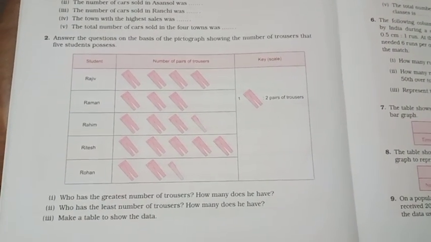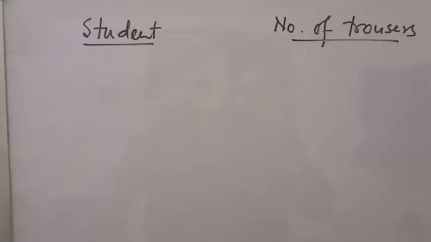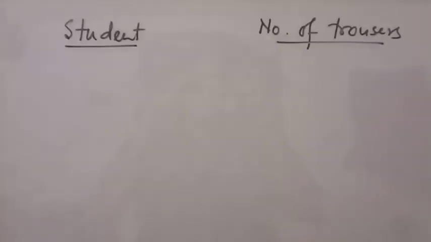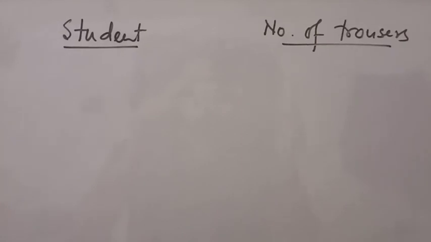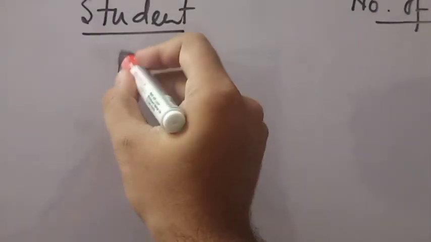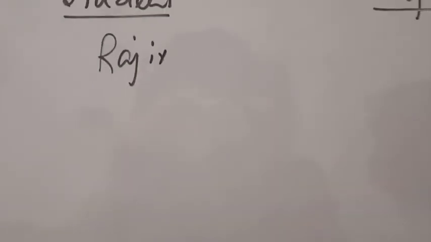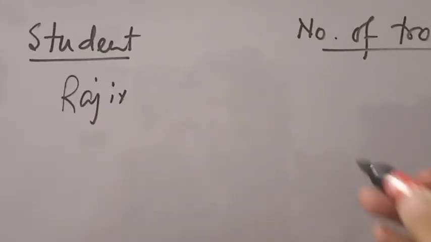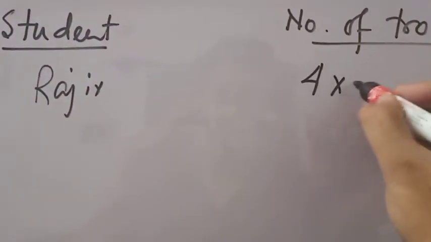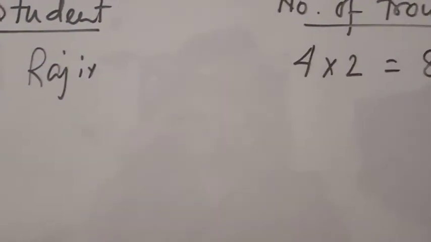trousers he has. Okay. Now make a table to show the data. Now say, student and number of trousers. So firstly the name given, Rajiv. Rajiv how many? 4 pictures are given. So 4 into 2, that means 8.